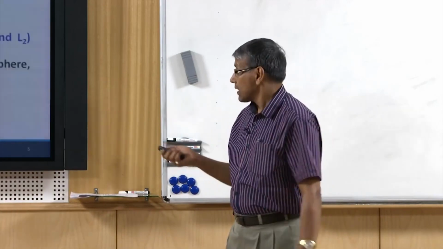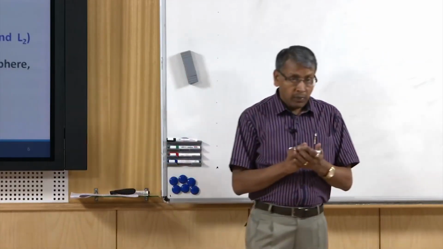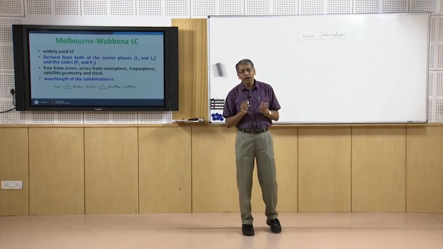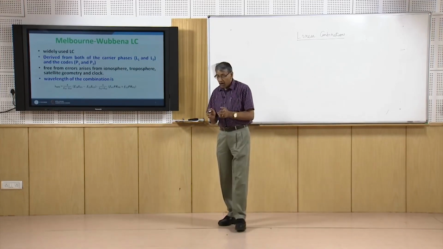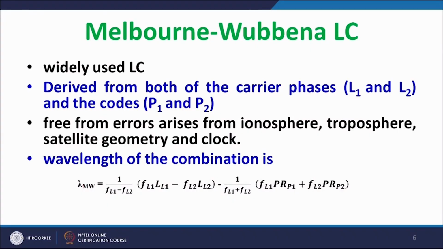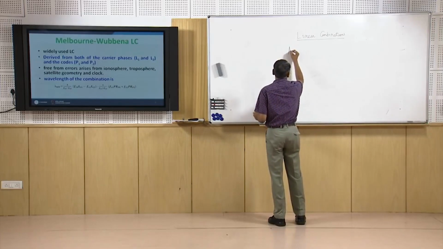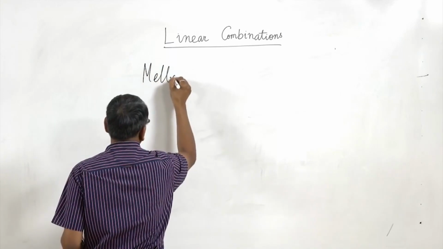Nowadays the Melbourne-Urbana linear combination is most widely used as a preprocessing operation in GPS processing, to minimize the error associated with the GPS observable.